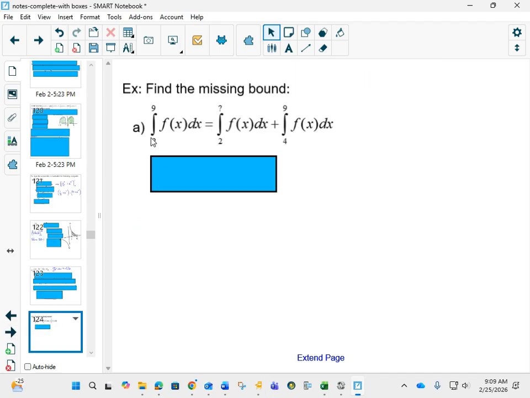I think this first one is pretty obvious. If the area from 2 to 9 is equal to the area from 2 to something, and then from 4 to 9, the question mark has to be 4. The second one was a little trickier.